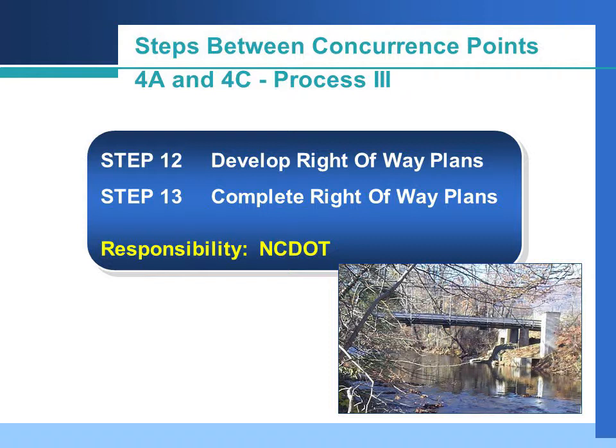The structure design engineers begin to develop the designs for bridges and culverts. The project is then reviewed with construction, utilities, and right-of-way personnel to note any additional changes that may be required. The right-of-way plans are completed and sent to the right-of-way branch to begin the purchase of land required for the project.